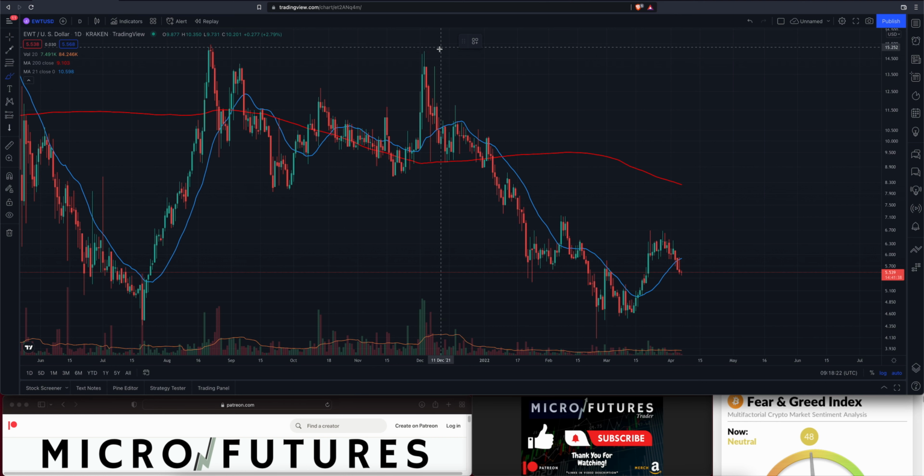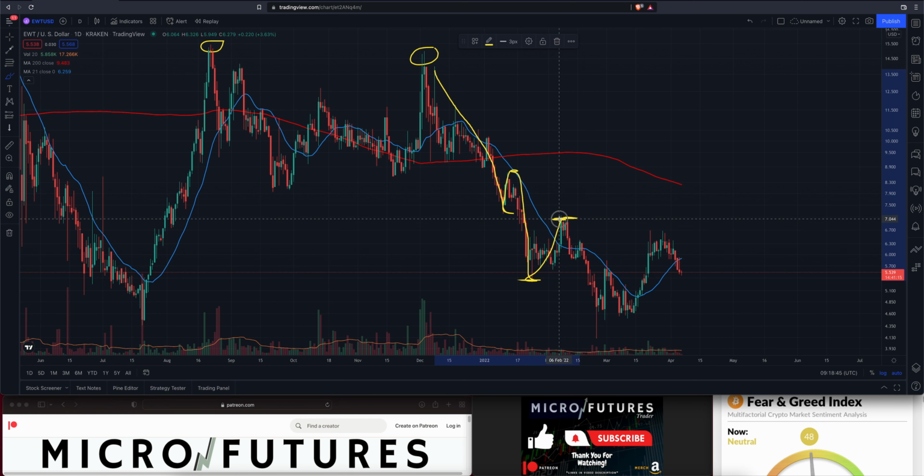We basically double topped over here, which looks like the early part of December. We put in a double top, and then the trend has moved to the downside. You could call this a lower low and maybe a lower high, but either way, the trend is clearly going south, to the downside.